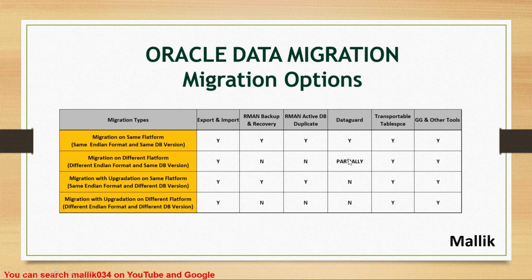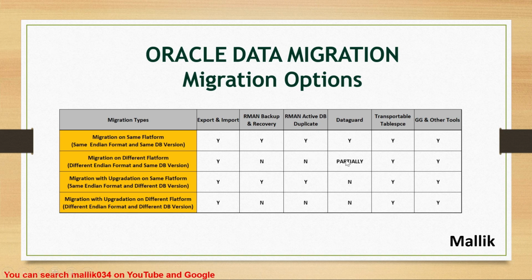Actually, in Oracle they call it homogeneous and heterogeneous Data Guard. Homogeneous is the same platform, heterogeneous is a different platform. Like Linux to AIX, there's one particular MOS document where Oracle clearly mentions which different platforms are supported. For example, Linux to AIX Data Guard is supported, whereas Linux to Windows Data Guard is not supported by Oracle. Certain combinations of different platforms are supported with Oracle Data Guard.